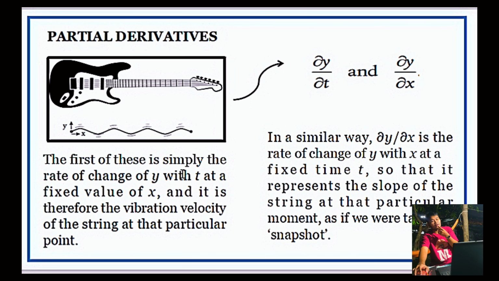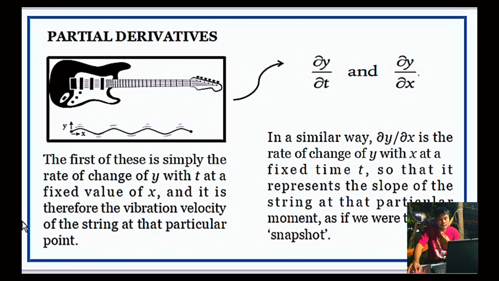Now going back to the guitar string, as I mentioned earlier, the displacement of the string, which is the y, depends not only on time, but also on the distance, which is the x. Thus, it follows the equation with the partial derivatives, this one.